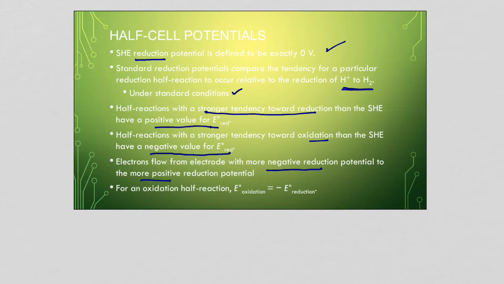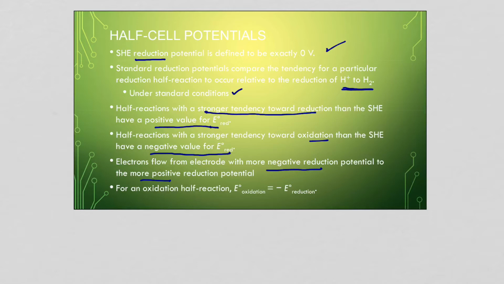So one way to think about it is that things at the top of the table really want to gain electrons, right? Things lower on the table have a higher tendency to want to lose electrons. So electrons are always going to flow sort of up the table, if you will, right? So electrons are going to flow from whatever has the more negative to whatever has the more positive reduction potential.